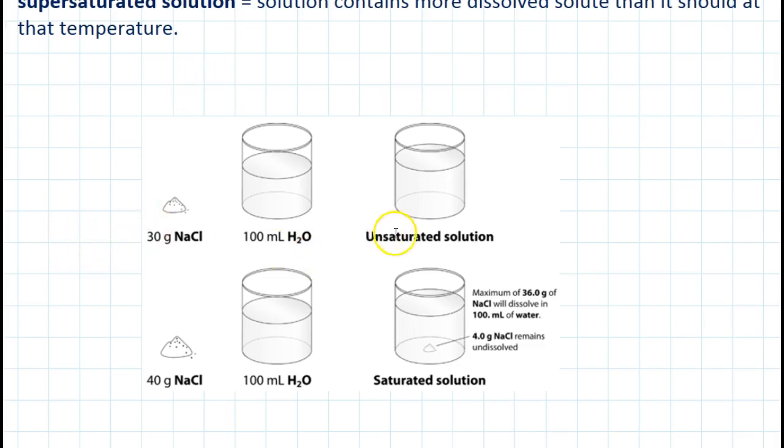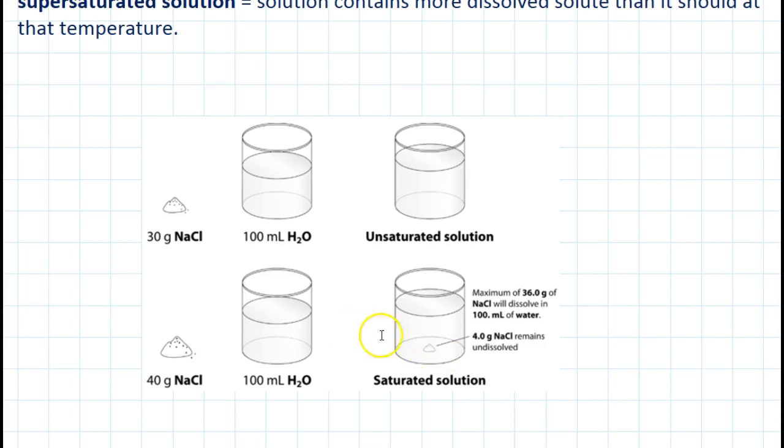If I put in 30 grams, it's all going to dissolve, and this water could dissolve more. So therefore, you don't see any solid sitting at the bottom. If I put in 40 and stir it up or just give it time, I'm going to have 36 grams of it dissolve and 4 left over at the bottom undissolved. Now there's still, as I said, dissolving happening.